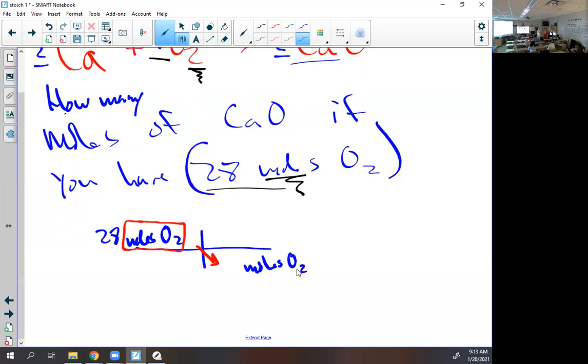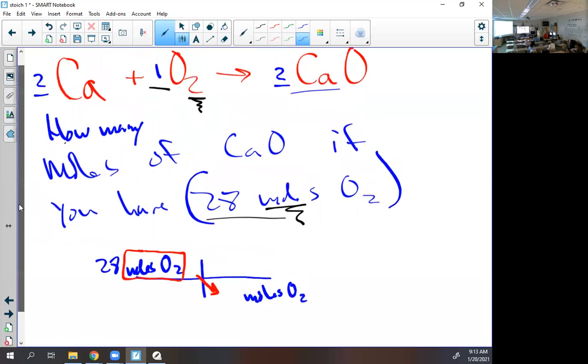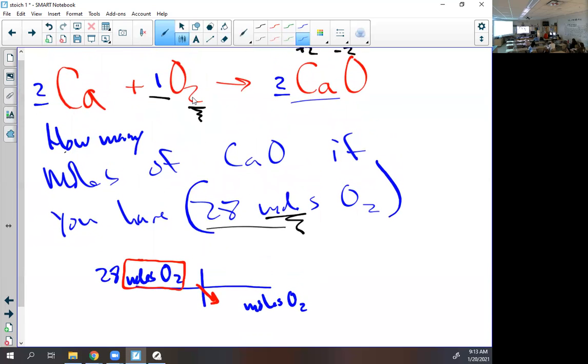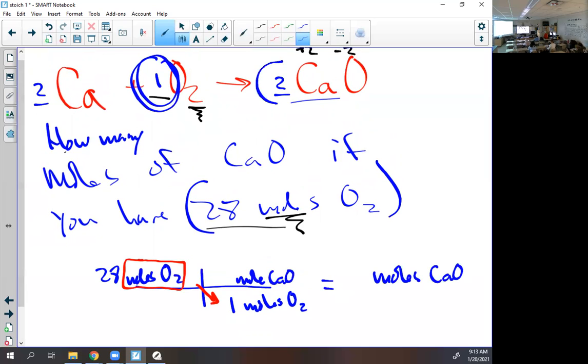Where do I get the number that goes in front of moles of O2? I get it right here. So it's 1. And then I want moles of CaO. So this would be moles CaO, and that number can be found right there. So I take 28 times 2 divided by 1, and I get 56.